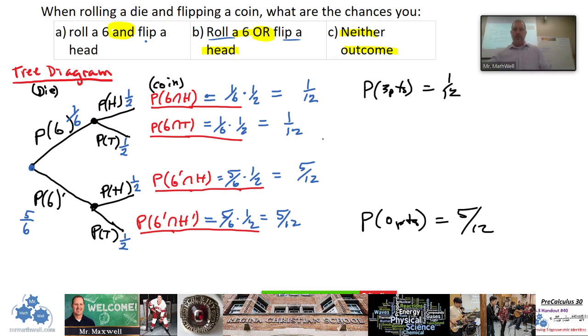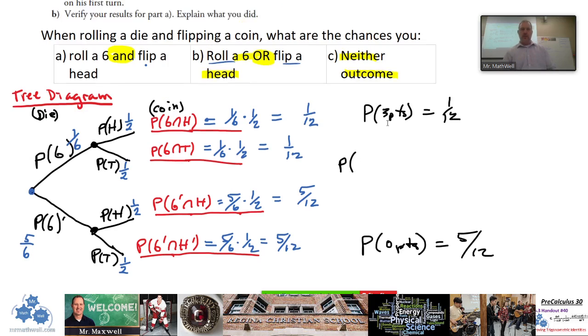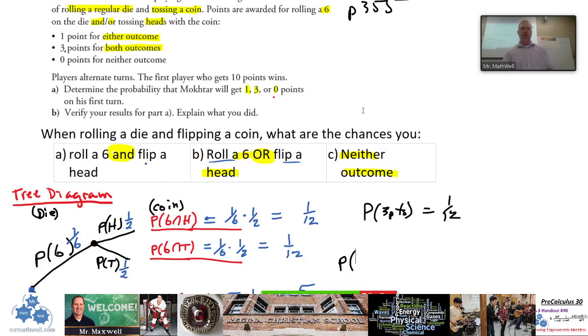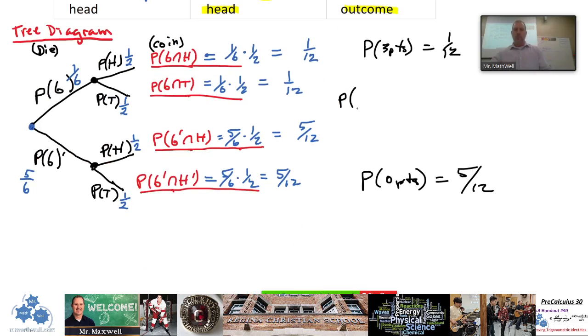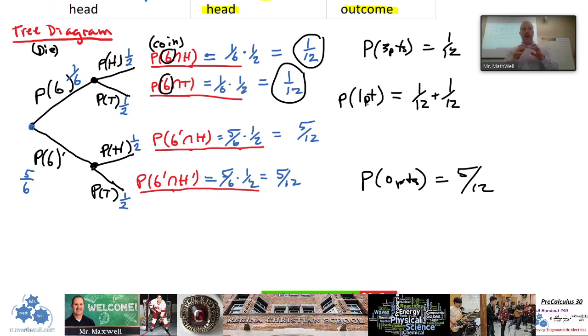Okay. So what do I do? Well, the probability of getting, was that 2 points for that middle one? Well, 1 point for either. The probability of 1 point is going to be, so I have a 6 here and a 6 here. So that's 1/12 plus 1/12, because it's or now, right?